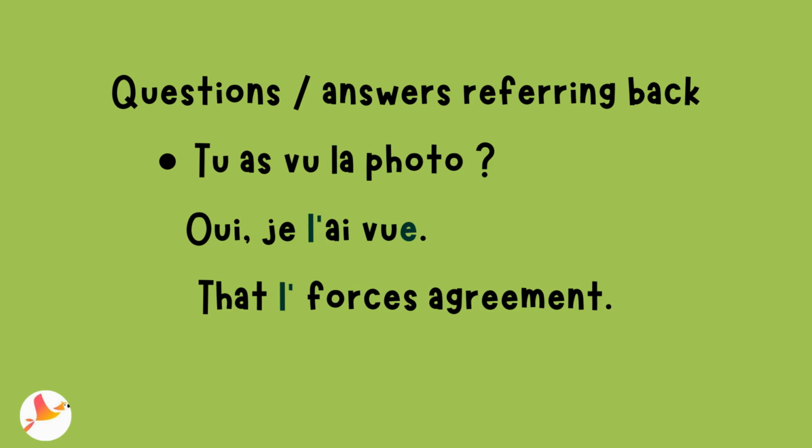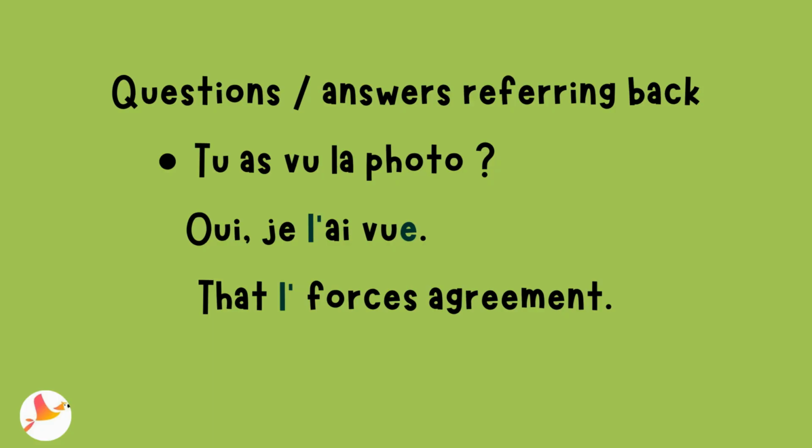Finally, we're going to look at how to ask questions that refer back to the direct object. Tu as vu la photo? Did you see the photo or have you seen the photo? Oui, je l'ai vue.